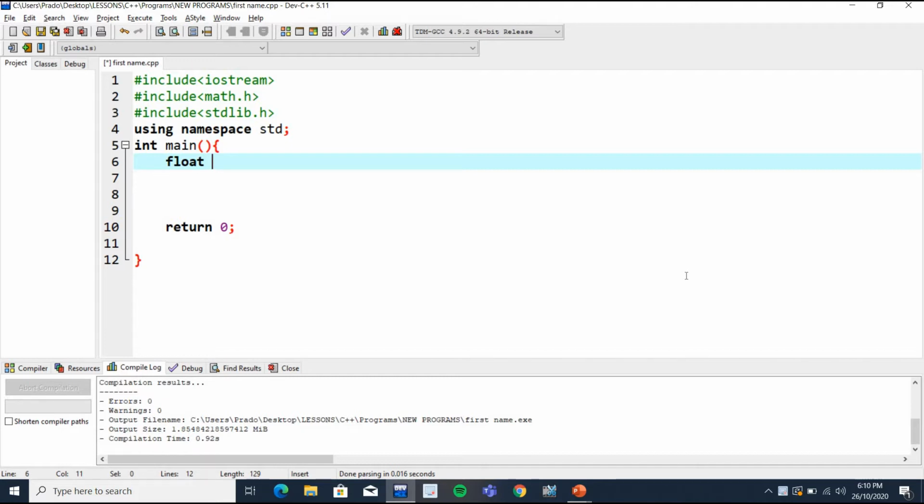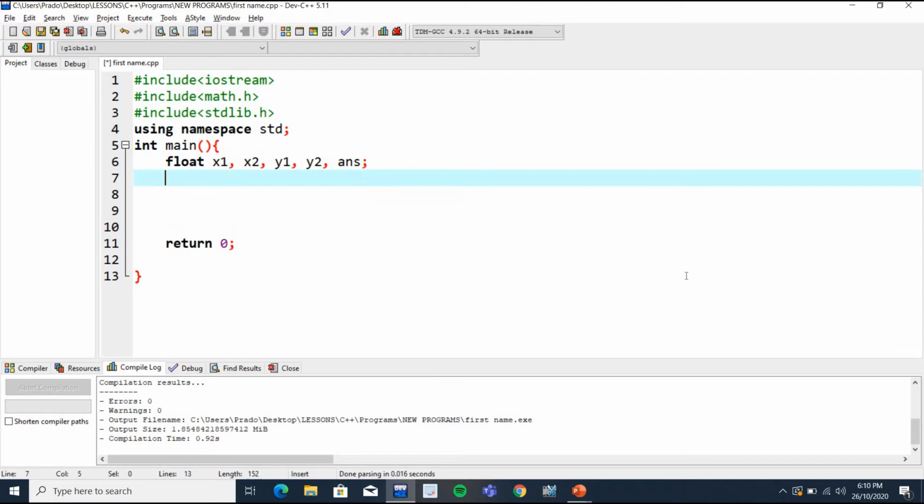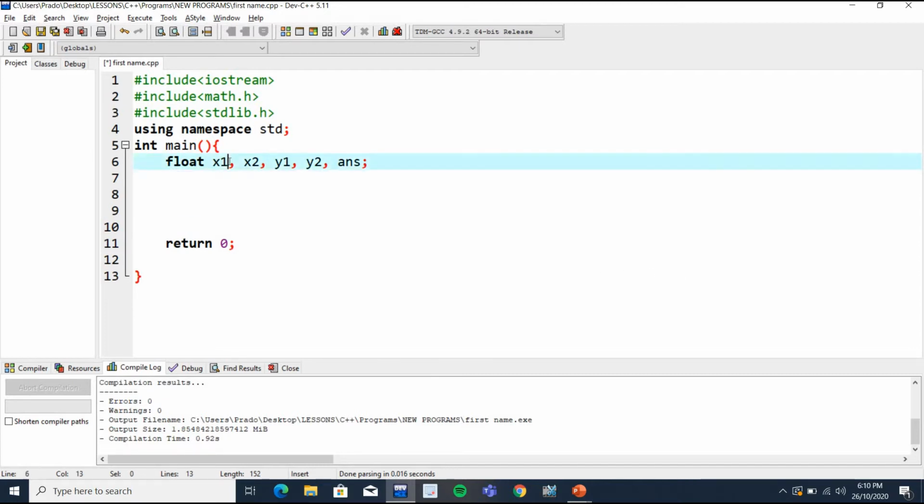And then float x1, x2, y1, y2, and then the answer. So, lalagyan din natin sila ng 0 kasi sa umpisa po ng program is wala pa naman silang laman. Is equals to 0. So, palitan po natin yung answer ng distance para mas clear.